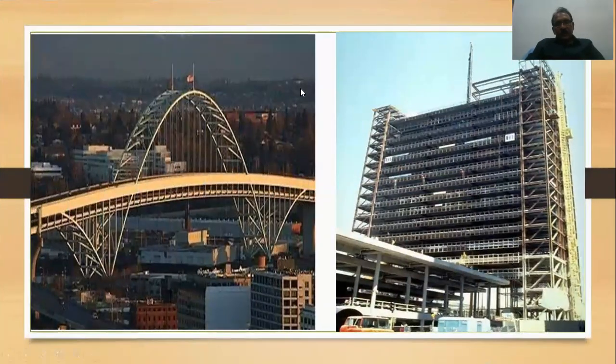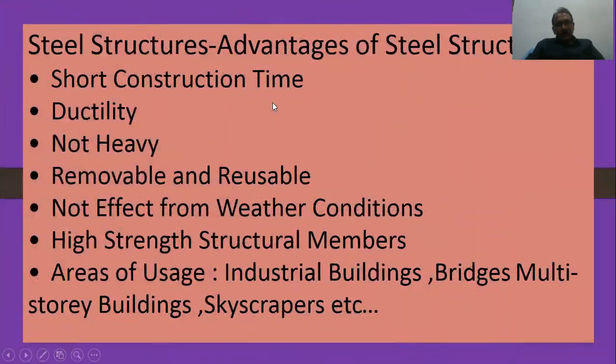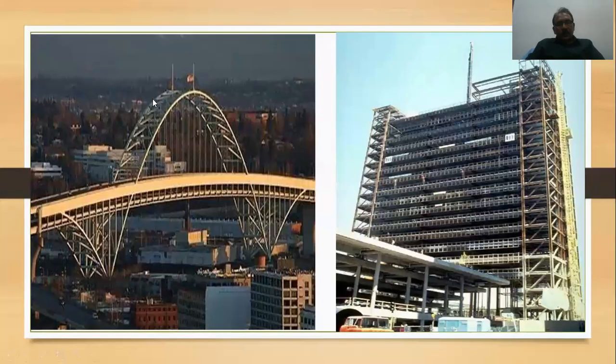So these are the types of steel structures. See, this is a bridge with the steel structure. This is a high-rise building with steel structure. You observe carefully. These are the wonders that we are going to make.